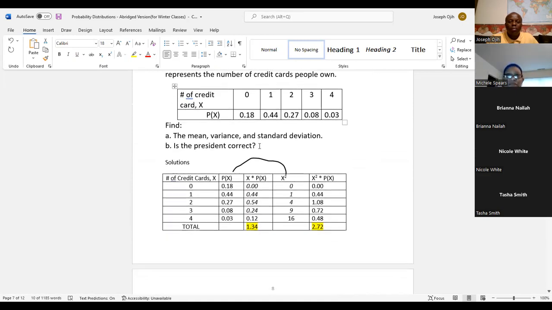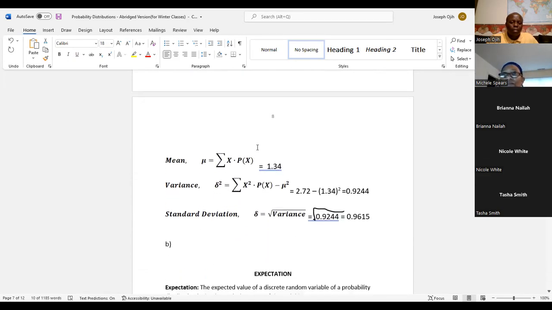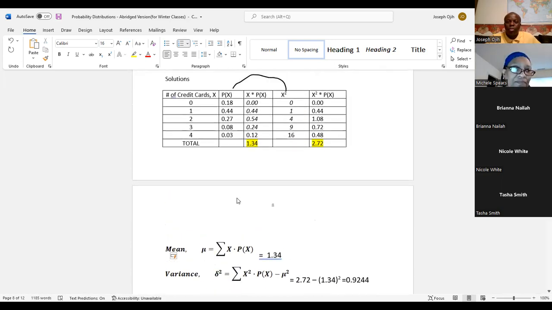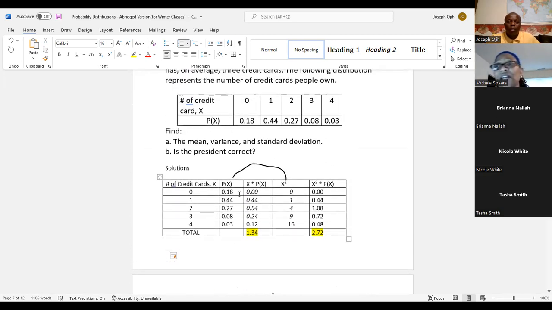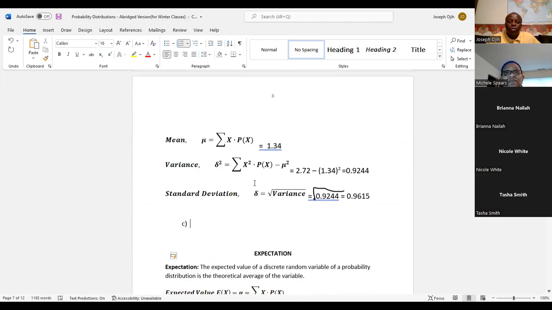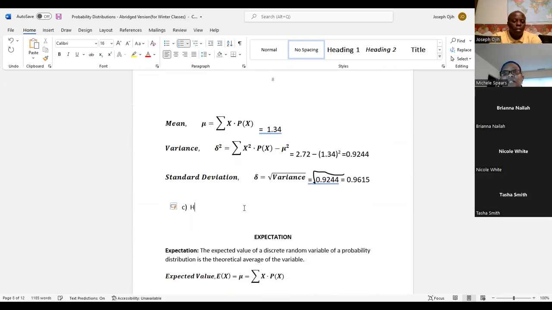So, is that claim correct? He's not correct, because he's claiming that they have 3 on average, but our average says 1.34. So he is not correct.